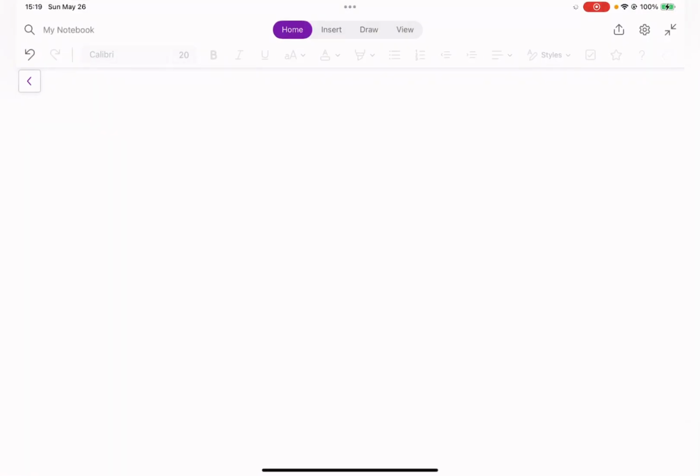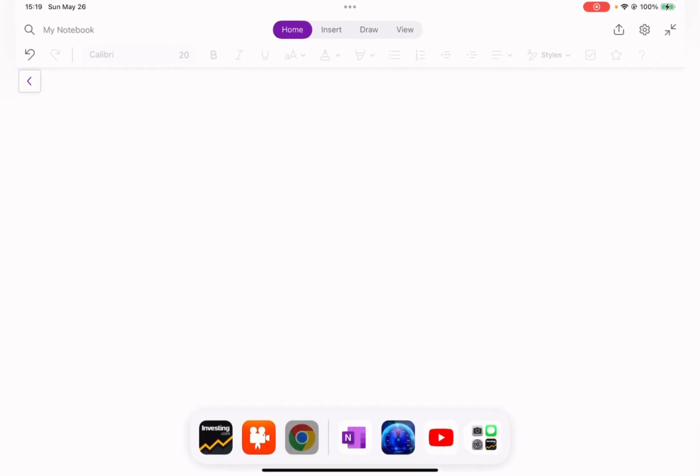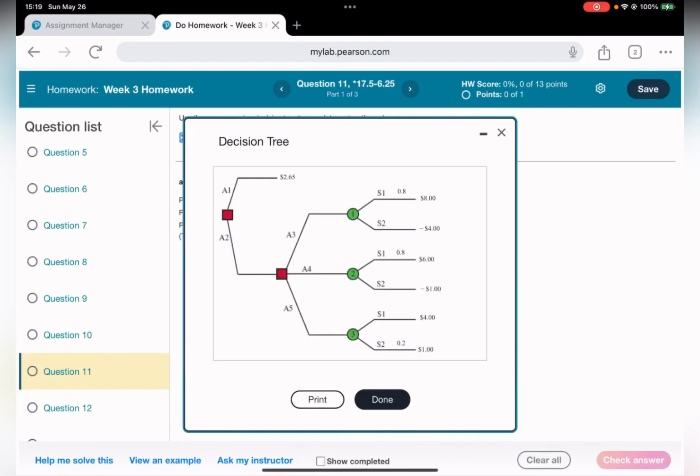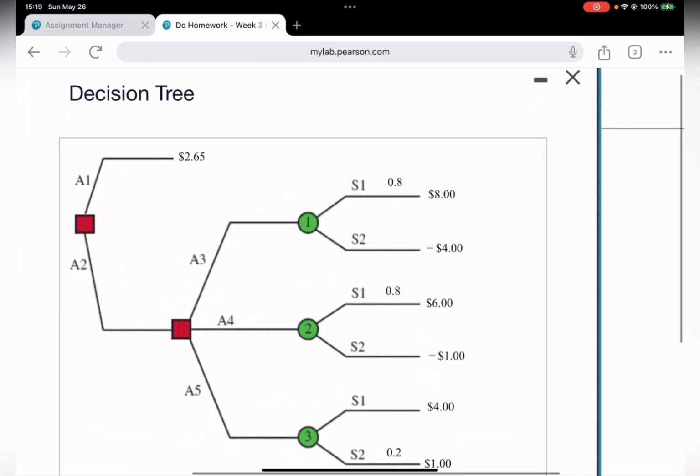So this is what we're going to do. Let me show, actually. If we open here, see S1 gets probability 0.8. I zoom it. S2 doesn't have a probability, so I need to find that one. So S2 is going to be 0.2, right?